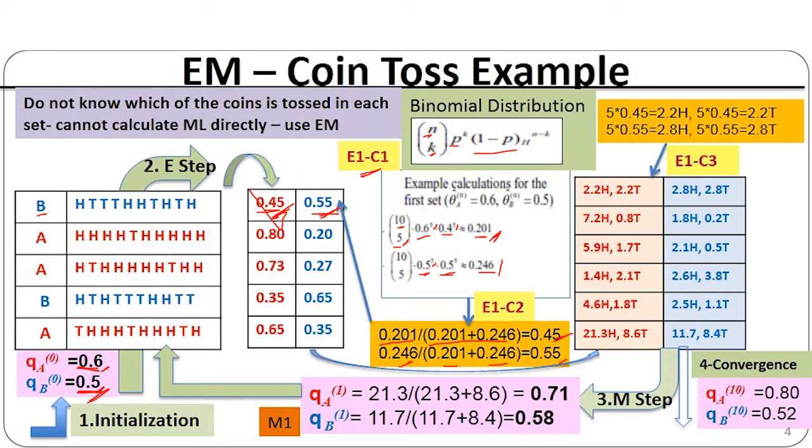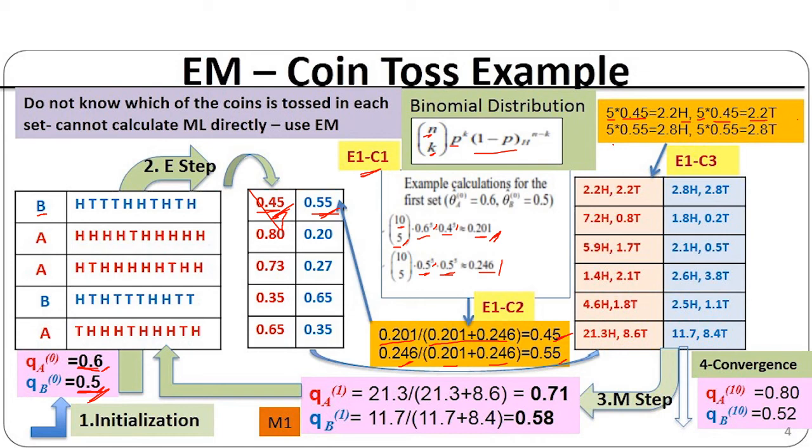Now the probabilities which we calculated, further we are going to extend into the expectation step. So here we are going to multiply the events by the probability value. The total number of heads we got is 5, multiplied by the probability which we calculated, which is 2.2 heads. Very similar to that, the 5 tails multiplied by the tails probability, which is 0.45, gives 2.2 tails.